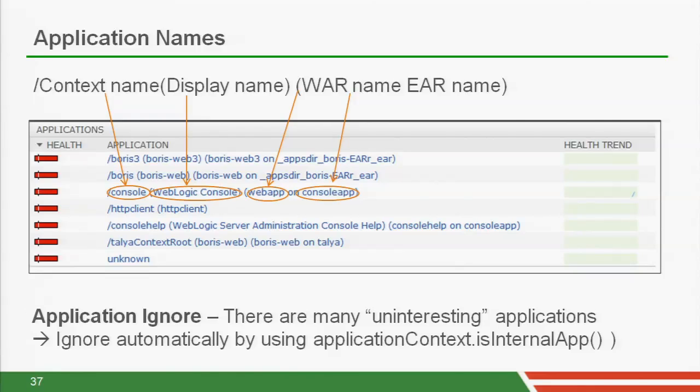So at this point, we have the application context object in hand, which has a numerous amount of properties related to the application being loaded. One of them is the internal application, which is exactly what it sounds like. So we use this, and if this property is true, we just automatically decide to ignore this application. The user can override this with our properties file if he doesn't want to see what's going on.